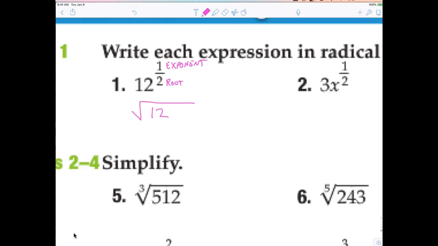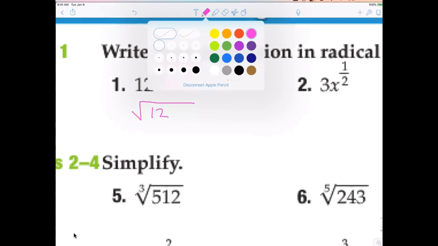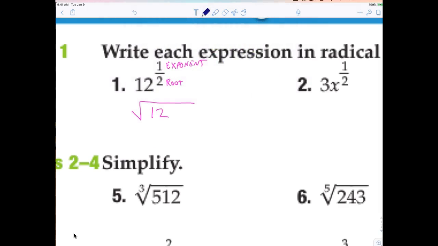Well, there is an understood 2 right out here. All right? And this exponent is a 1.